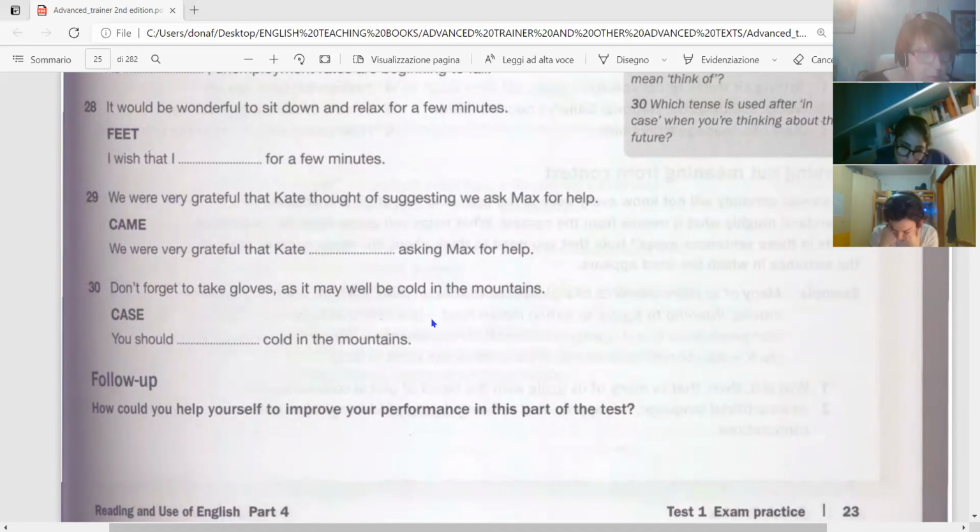Which tense is used after "in case" when you're thinking about the future? You should take gloves.